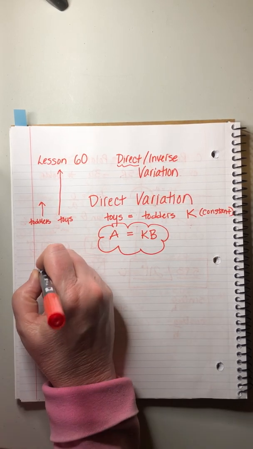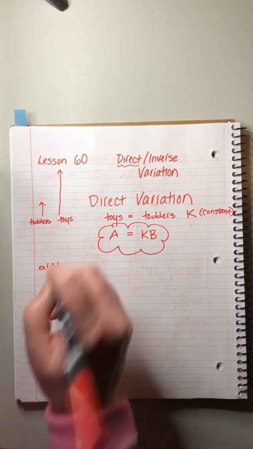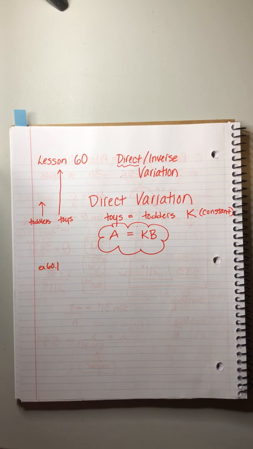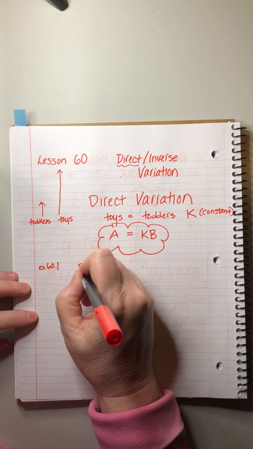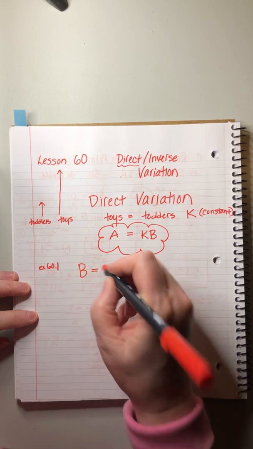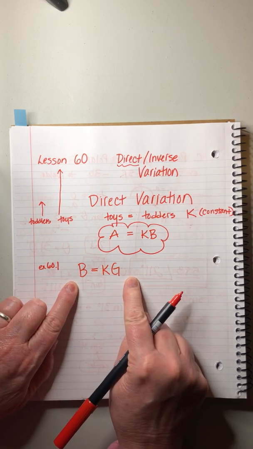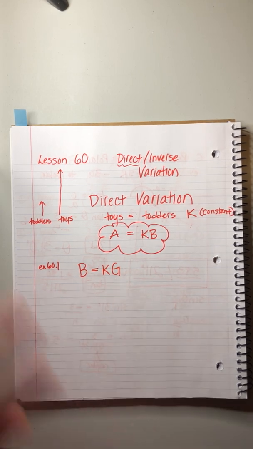Example 60.1 illustrates this. The number of boys in every classroom of a school varies directly as the number of girls. Now, when we're writing down the equation, we can write it down just like the sentence says. The number of boys in a classroom varies directly as the number of girls. I just wrote it down exactly the way it was said to me. Don't overthink it.